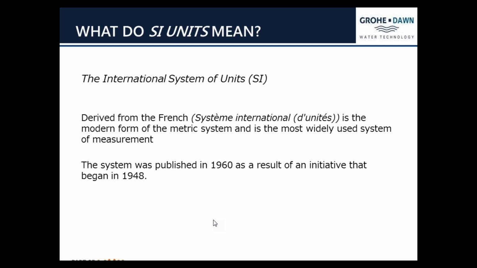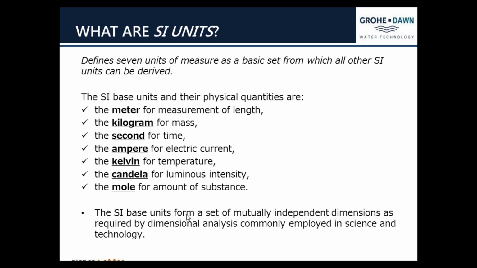It is a modern form of the metric system, and is the most widely used system of measurement. This system was initially published in 1960 as a result of an initiative that began in 1948. Just a little bit of background on where the SI unit comes from.